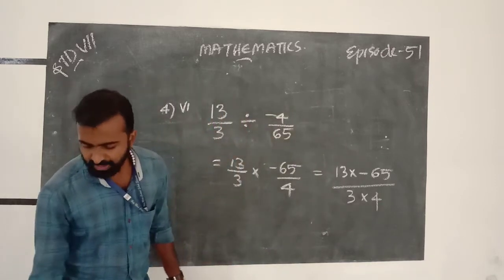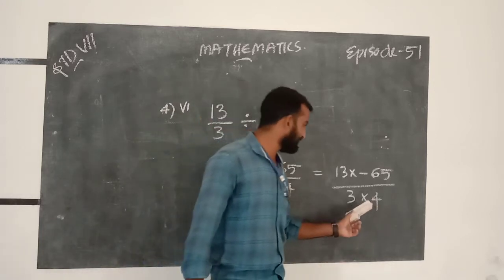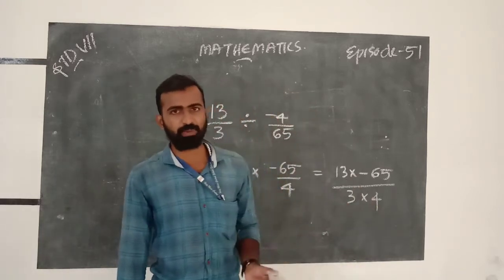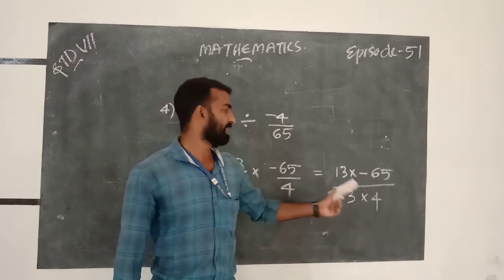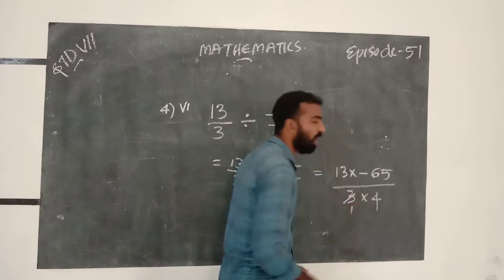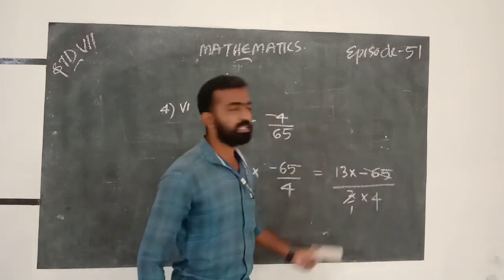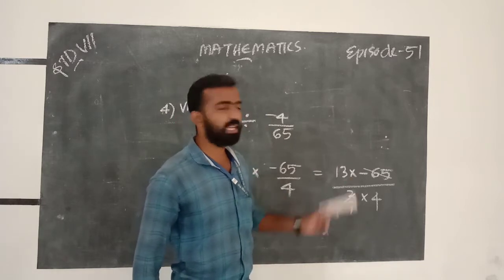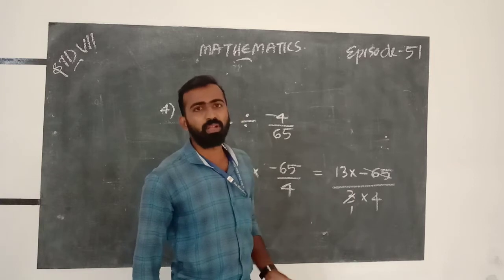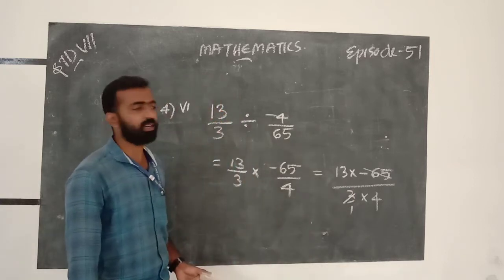Here we can simplify the numerator and the denominator because the operation is multiplication. When the operation is multiplication, we can simplify the rational numbers. Can we simplify here?